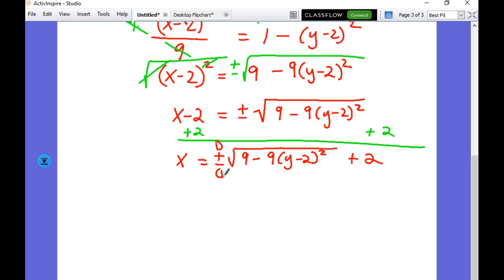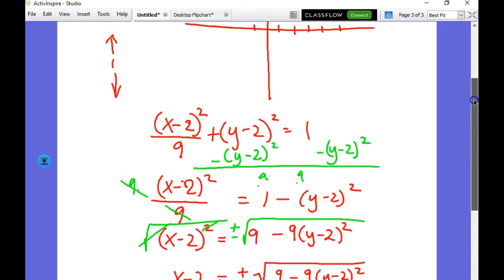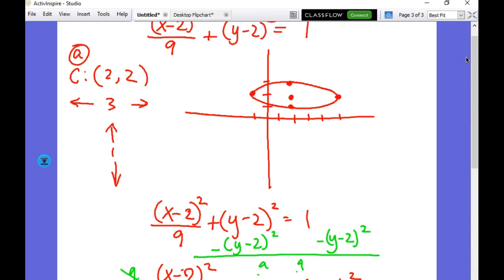So what I'm going to do then is come back up here to the top now, and I'm going to label each half. Okay. So the left half of this circle is the negative one. And was it plus 1?